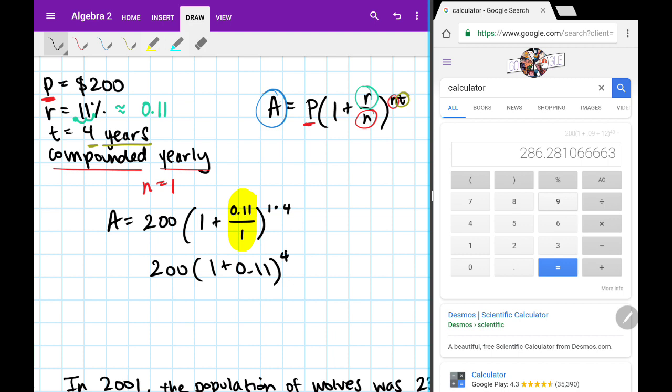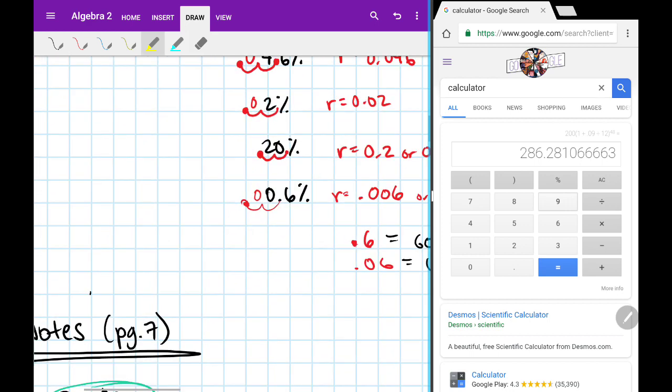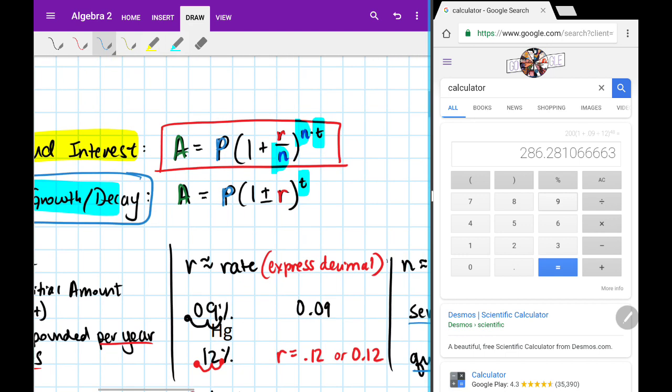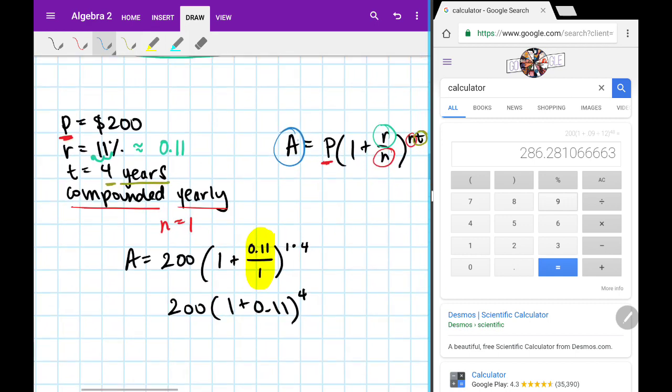So I want you to notice something interesting that happened here. Remember how in the beginning I said there's a second formula? And we use that second formula anytime we discuss annual growth and decay. Look at what the formula says. P 1 plus or minus R to the T. Let me write that here really quick.